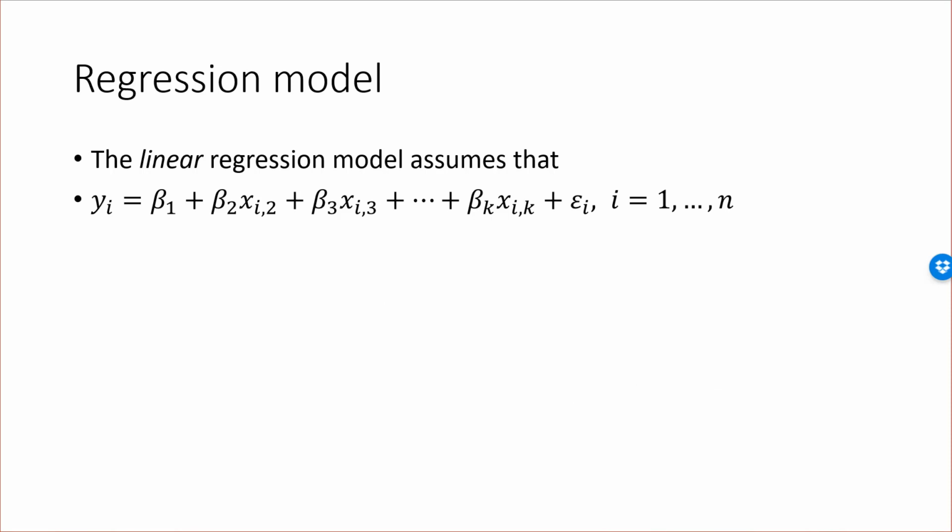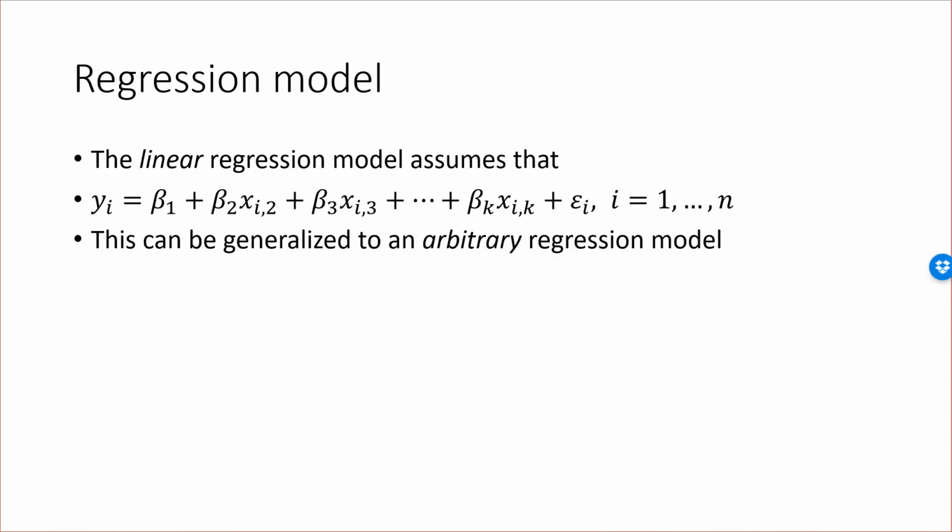So here is the linear regression model, and here is the generalization to an arbitrary regression model. Y depends on a bunch of unknown parameters and a bunch of explanatory variables in an arbitrary way, and to that we add an error term.